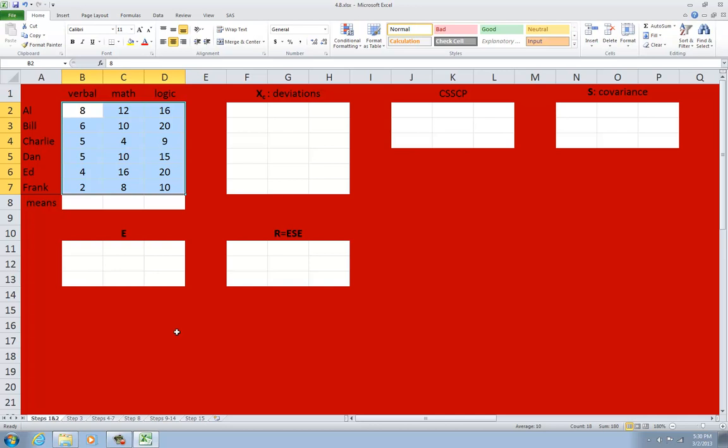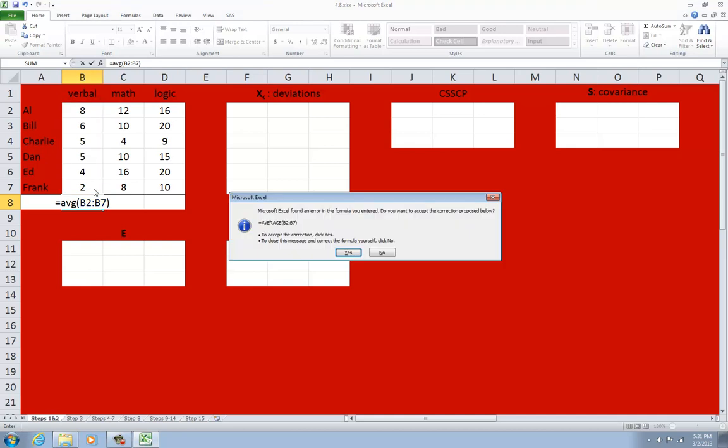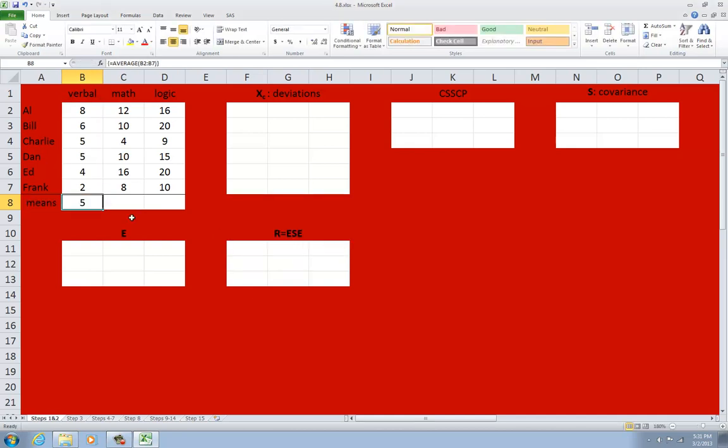So the first step is to create a covariance matrix from the raw data. So we need the mean vectors here. So what I'm going to do is make this equal to the average of this first column, and then drag that across. So we have 5, 10, and 15 for the average of verbal, math, and logic across the 6 males.